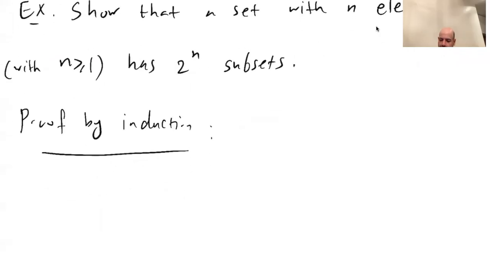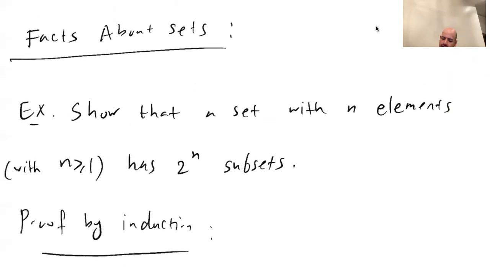So n equals 1. It's very easy to verify. Basic step: n equals 1. A set with one element, because we want to show that a set with n elements has 2 to the power n subsets.